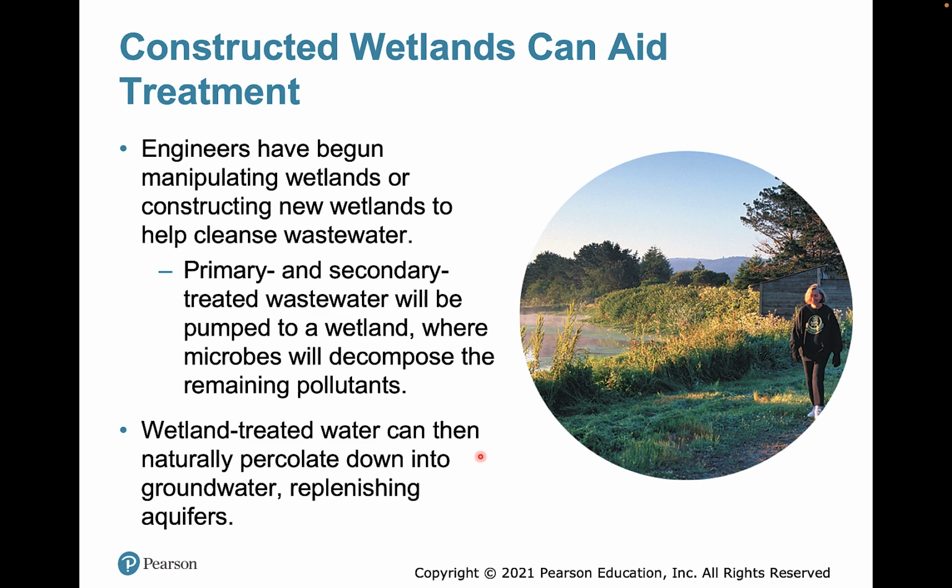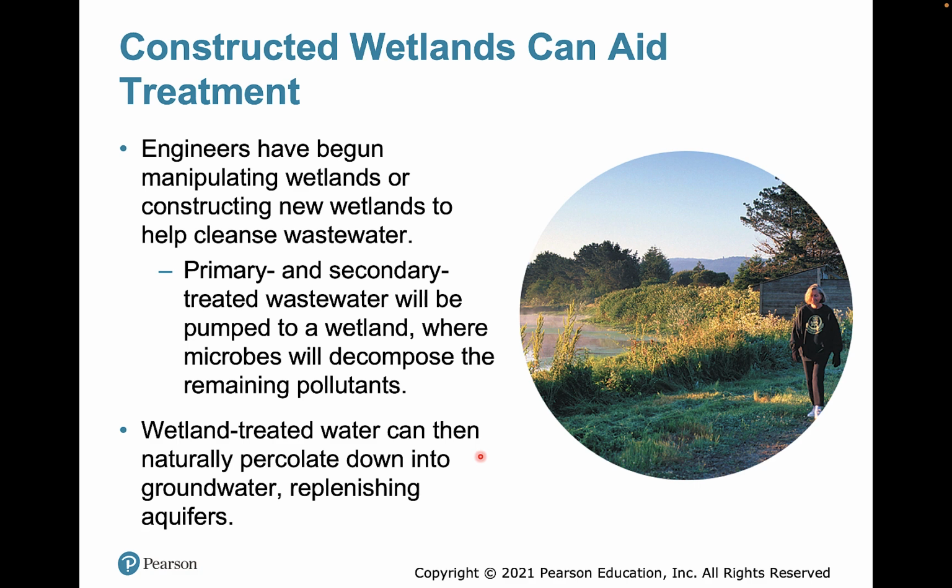So one thing, as a move to get back to naturally functioning ecosystems as a way of sustainability, engineers have worked to construct new wetlands or manipulate pre-existing wetlands to do primary and secondary treatment rather than use the wastewater treatment plant.